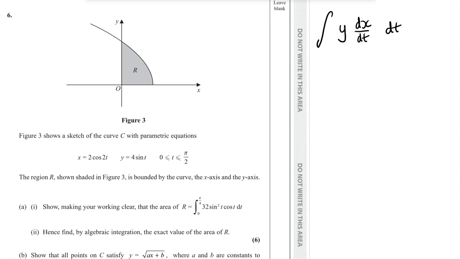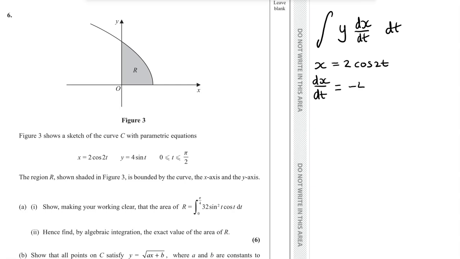So if x is 2 cos 2t, well, in our integral here we need a dx by dt. So I'm going to need to find dx by dt. So we're going to differentiate 2 cos 2t with respect to t.